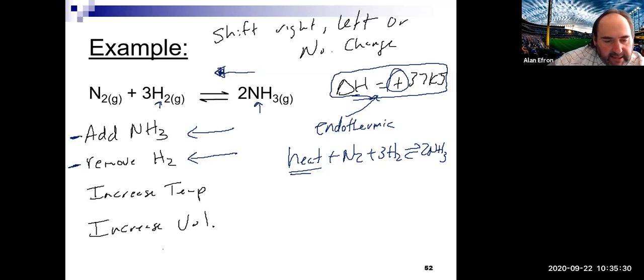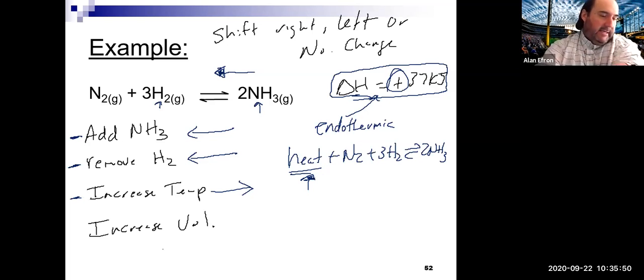If I increase the temperature, that would be like adding more heat, which is more reactant. And that should cause it to shift away from it. So it could go to the product side in this particular case. Questions on that one?